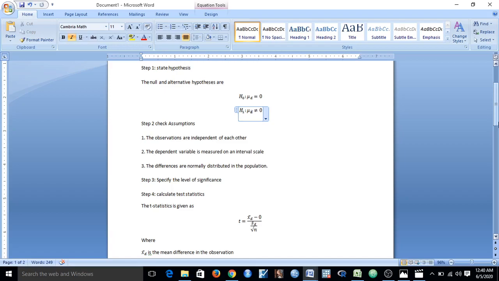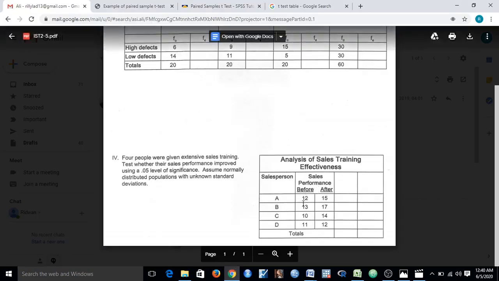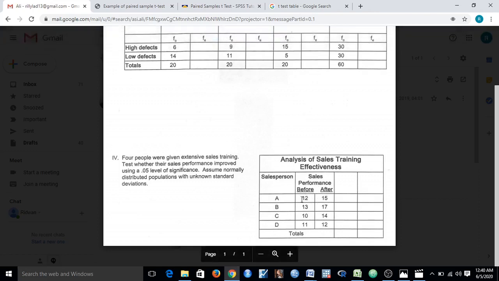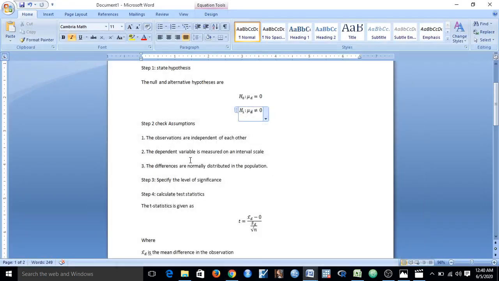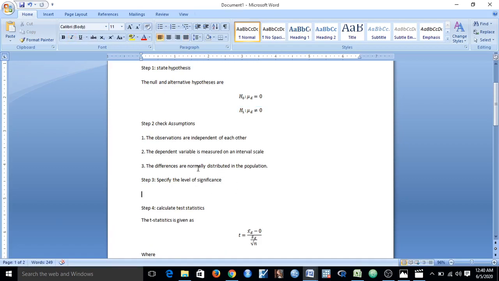As we can see, the sales performance is measured on an interval scale. Then the differences are normally distributed in the population. As they say, we should assume normally distributed population. So we can say yes, the differences are normally distributed in the population because we have been told to assume it.